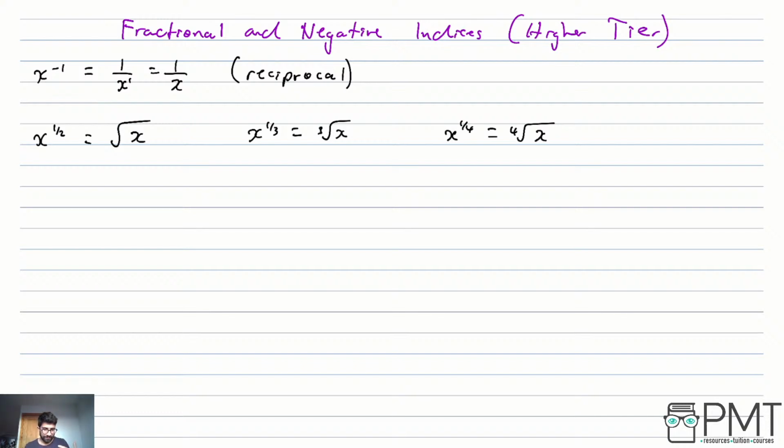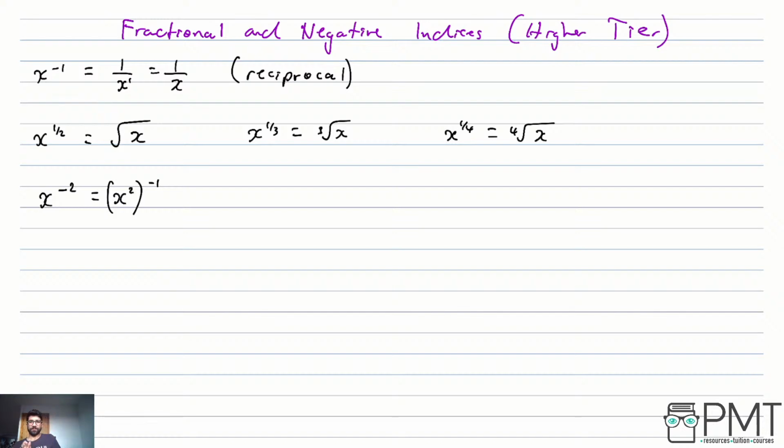So from these, you can build up to more complicated expressions. Also remembering the rules that we had at the beginning. For example, you can have things like x to the minus 2. So what does x to the minus 2 mean? You can think of it as x squared to the minus 1.